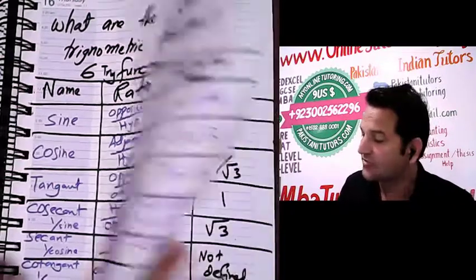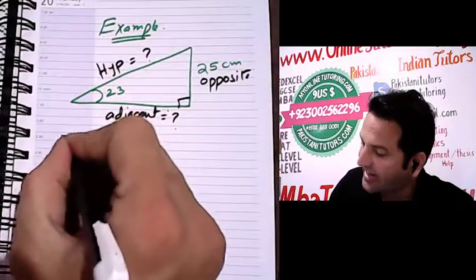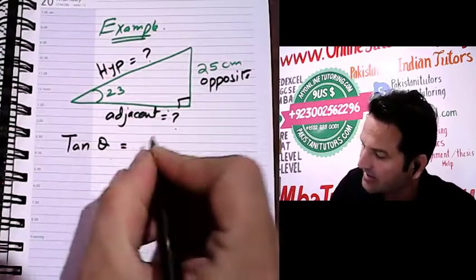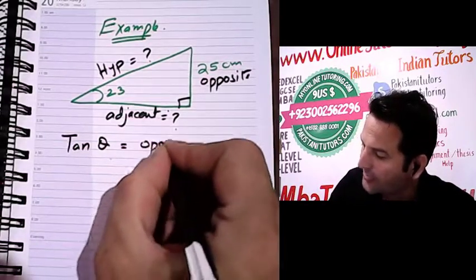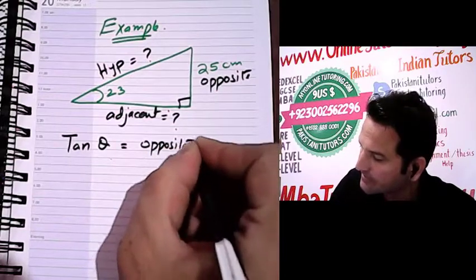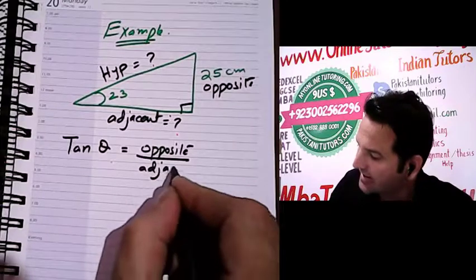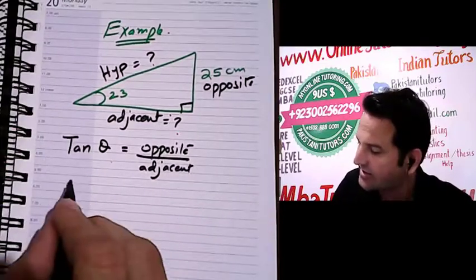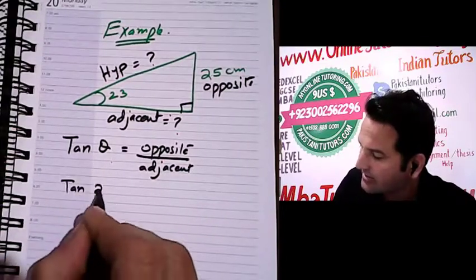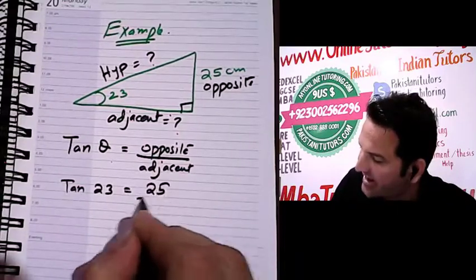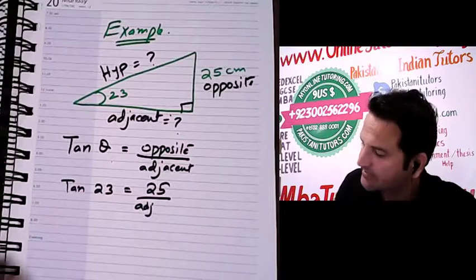The adjacent side. So we use this: tan theta equals opposite over adjacent. So tan 23 equals 25 over adjacent.